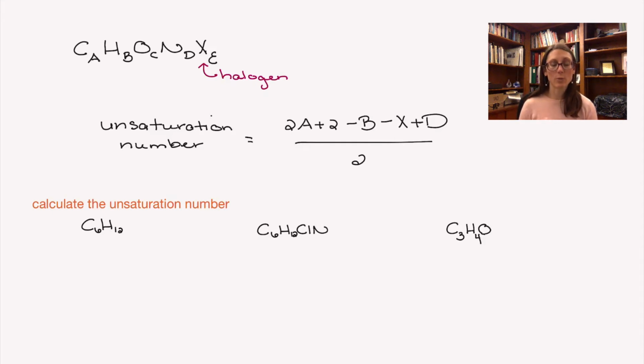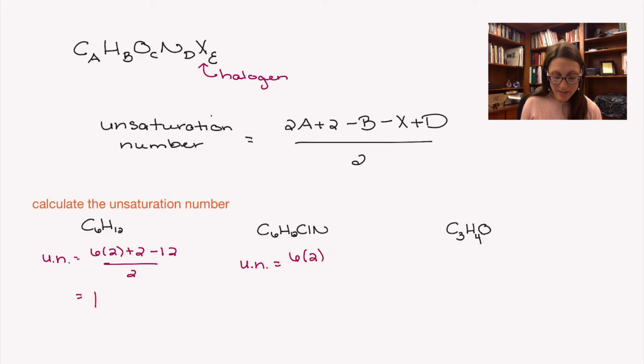Let's apply this formula to the 3 examples down below. For this first one, my unsaturation number will be 6 times 2 plus 2, minus 12 for the hydrogens, divided by 2. This is 1. This molecule will have 6 carbons, 12 hydrogens, and either 1 pi bond or 1 ring. The second molecule here, C6H12Cl, again, 6 times 2 plus 2, minus the hydrogens, minus the chlorine.